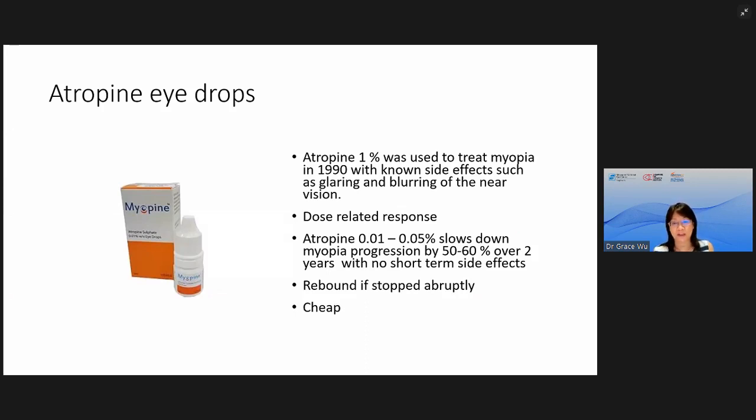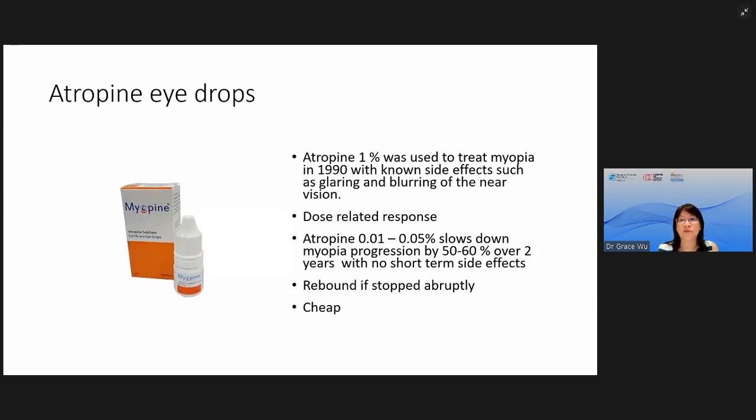Now, atropine has been around for a long time. It has very good evidence in controlling myopia and has been tested and studied. In the old days, in the 1990s, we used 1%, and it brought a lot of side effects such as glaring and blurring.